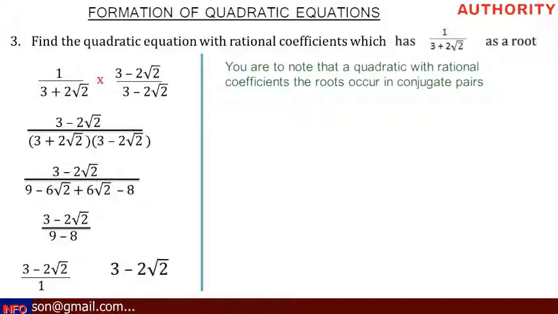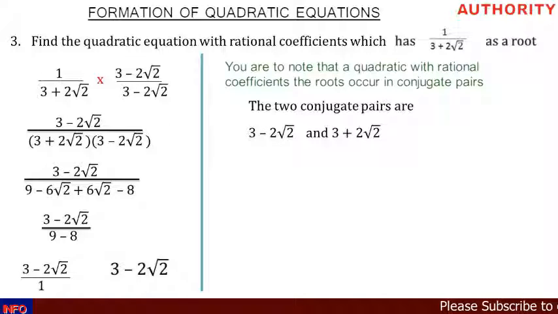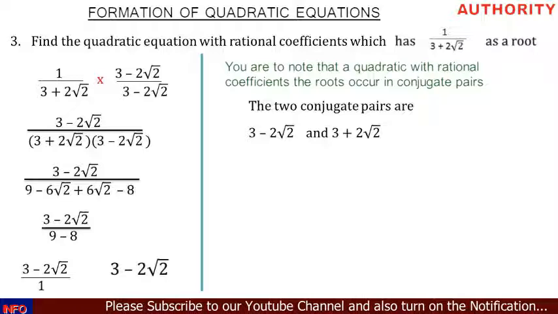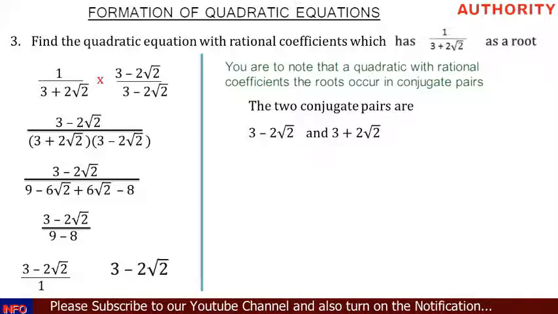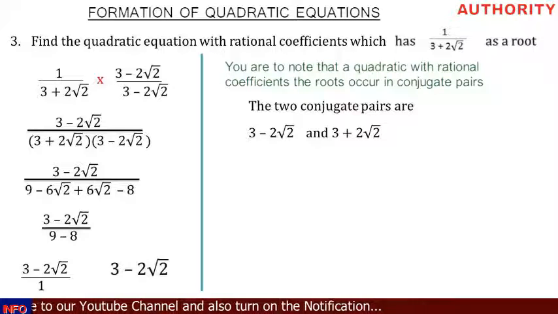We are to note that this usually occurs in conjugate pairs. So the two conjugate pairs are going to give us 3 minus 2 root 2, and the conjugate of it, which is 3 plus 2 root 2. So the roots that we are having here are 3 minus 2 root 2 and 3 plus 2 root 2.